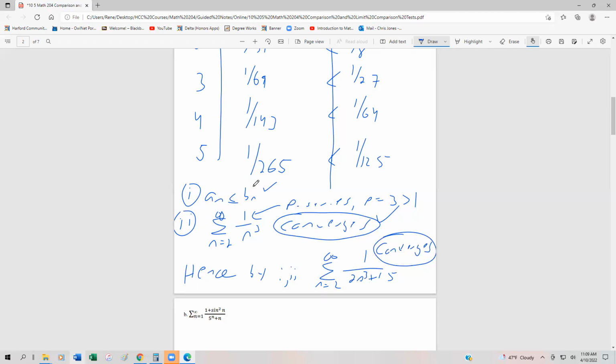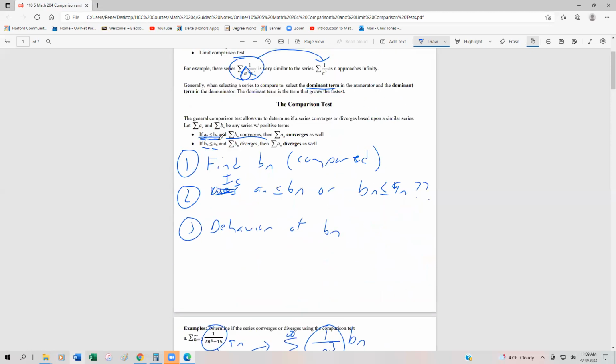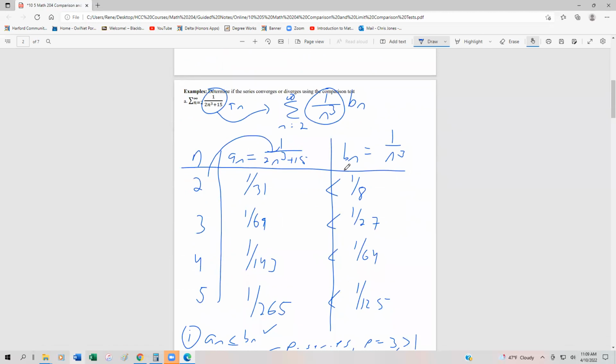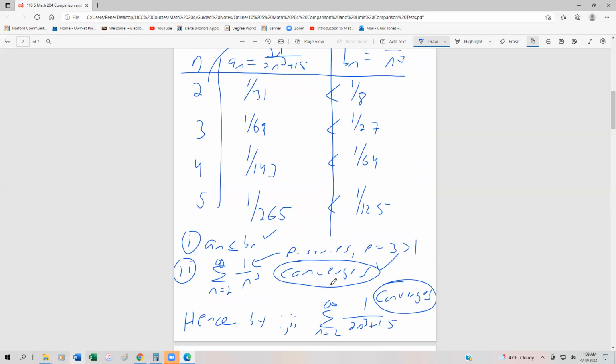If all the conditions line up, which they do, so a sub n was less than or equal to b sub n, and the series we were comparing to converges, then a sub n converges as well. In subsequent videos, we're going to take a look at 2 more examples of the comparison test. You can see there's not really that much other than some computation and some really basic analysis using the series tests that we already know.